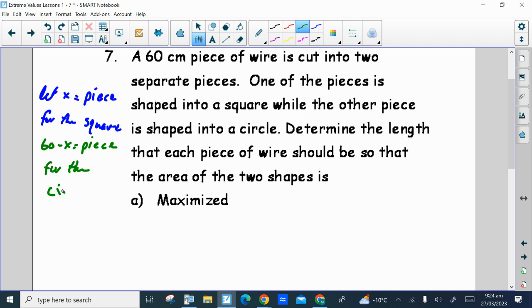Because you're starting with 60 centimeters of wire, you're going to cut it into two pieces. One will be shaped into a square, the other into a circle. So if x is the piece for the square, 60 minus x will be the piece for the circle.